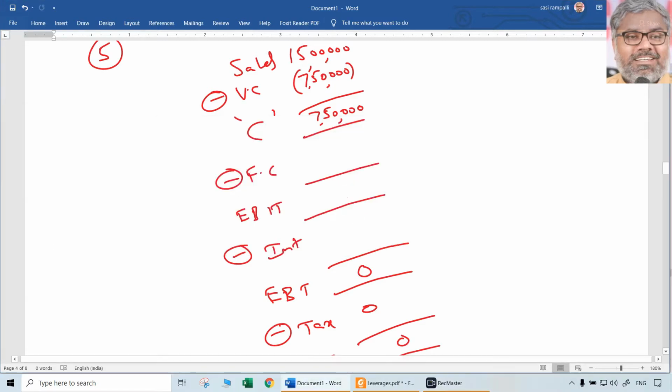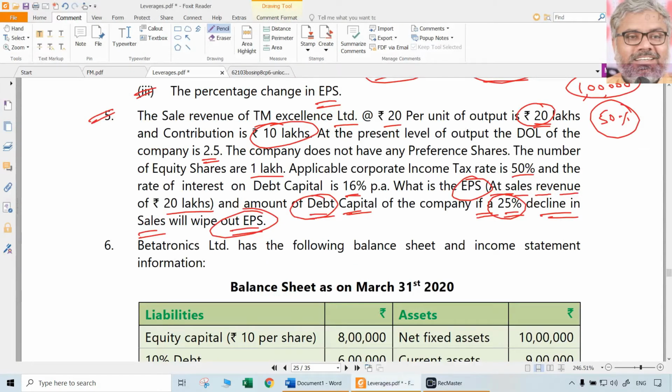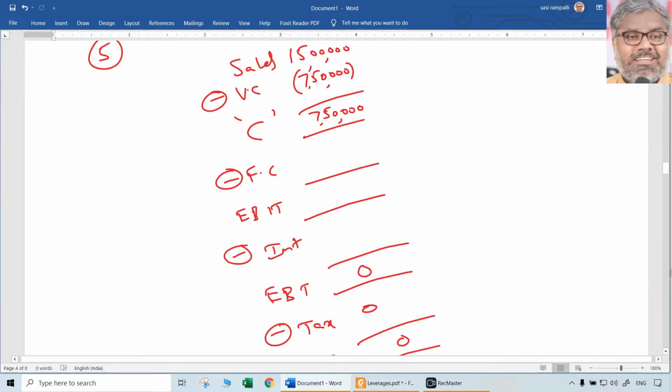At the current level of operations, it is mentioned that operating leverage is 2.5. So what is operating leverage normally? Operating leverage is contribution divided by EBIT. That is equal to 2.5, at the current level of operations, not the new one. What we are calculating is the new one. So how much will be EBIT?